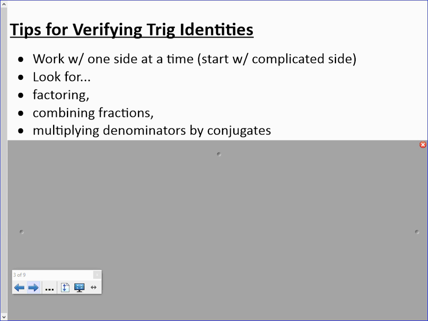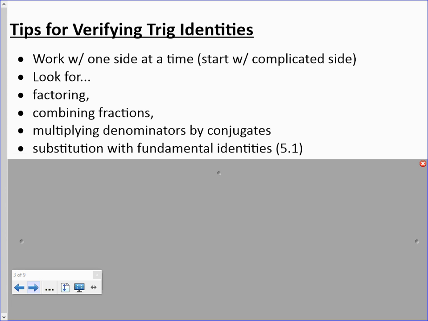Multiply by the conjugate on the numerator and the denominator. If you multiplied by 1 minus sine x on the top and the bottom, then when you multiply the denominator 1 plus sine x by 1 minus sine x, you're going to get 1 minus sine squared theta. And you'd be able to use the Pythagorean identity. So that's an option for you, multiplying denominators by conjugates. That'd be when you see plus or minus in the denominator, and it doesn't fit a Pythagorean identity already.